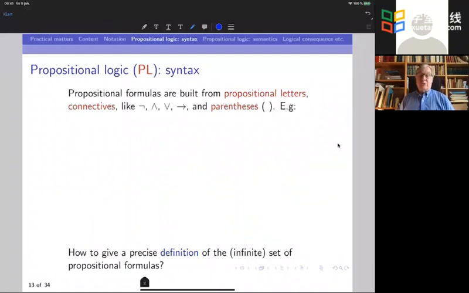So today we're going to talk about propositional logic, which is the simple part of first-order logic, where you only have propositional letters standing for atomic sentences. And you combine them with propositional connectives like negation, conjunction, disjunction, implication, and so on.